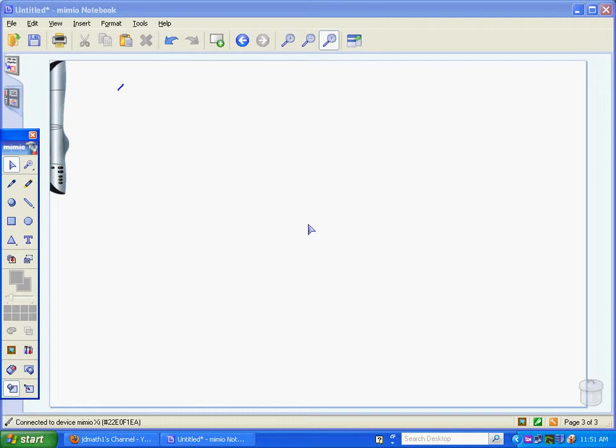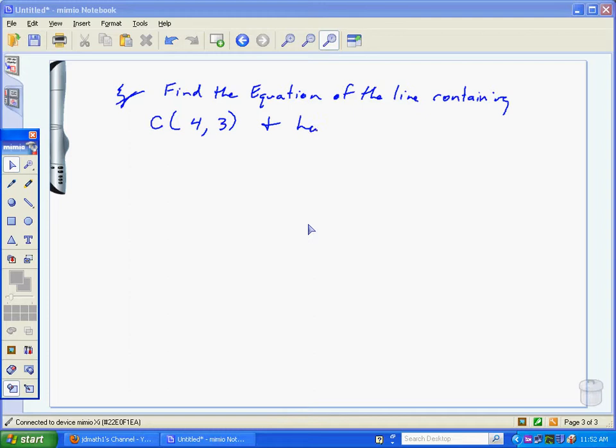Okay, grade 10s. Here's the second video for this. Now we'll do a question, not just given a y-intercept, but find or write the equation of the line containing, let's just call it point C, (4, 3), and has a slope of 5.